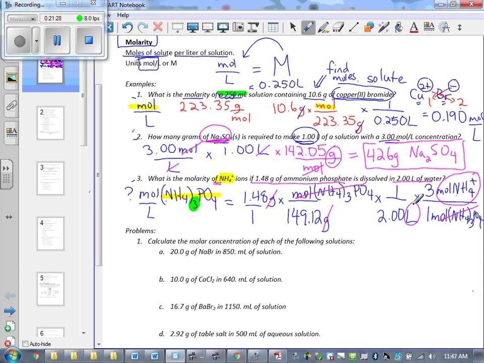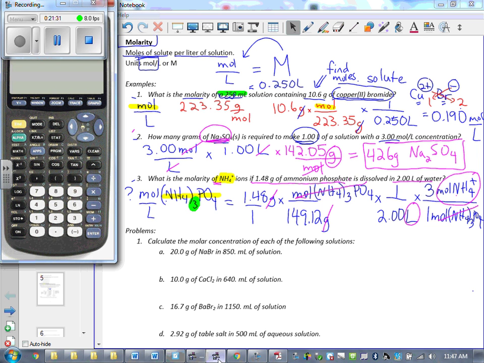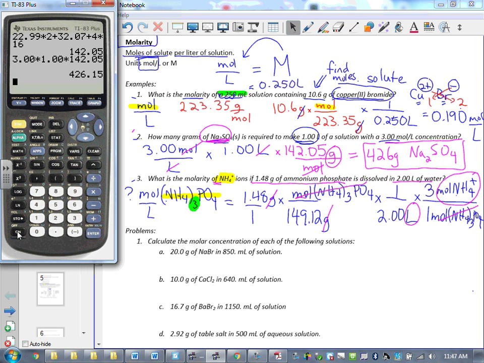Okay, so if you need to baby step this, you can baby step this with your calculator. You may not have to do that. You may be comfortable with entering your mass, dividing by your molar mass of 149.12, dividing by our volume in liters, and multiplying by that stoichiometric ratio of 3 over 1.